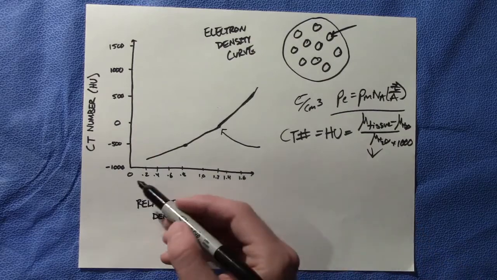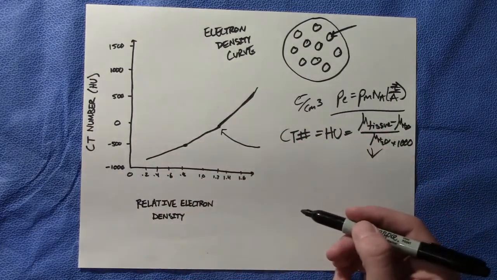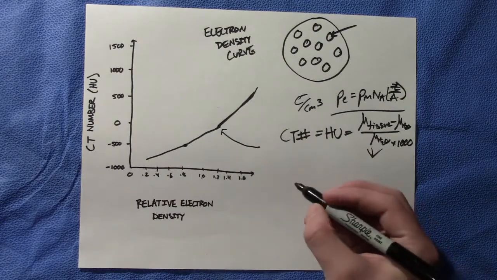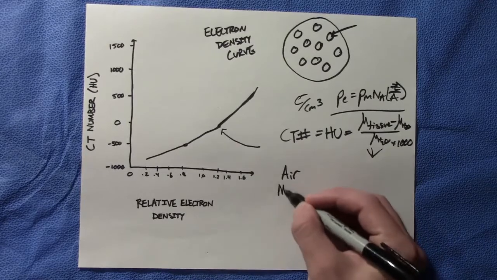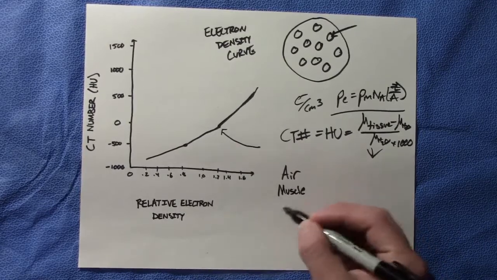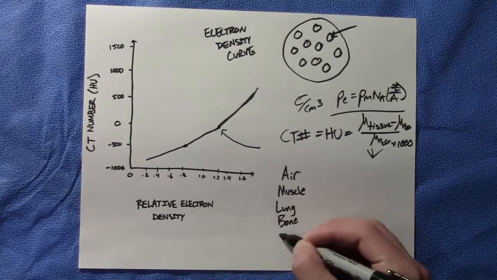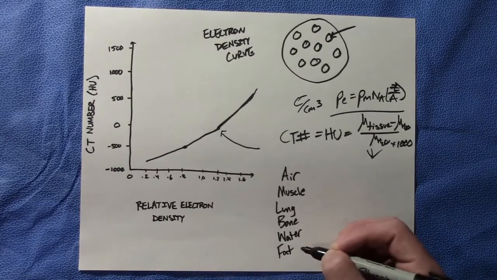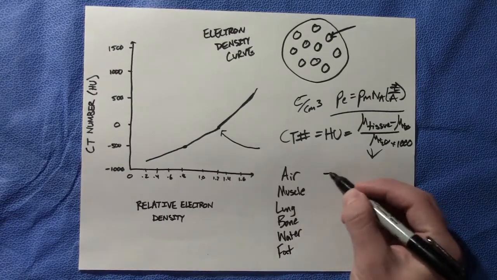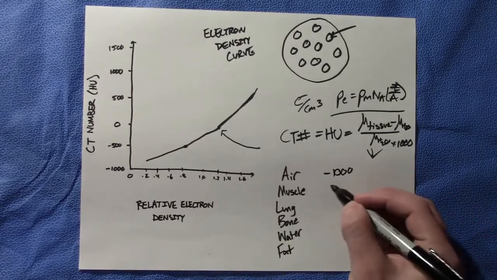Another thing that is definitely good to know, just in general, have some numbers thrown around kind of in your head, is what the values are for air. And I'm talking about the HU values here. Let's just cover some main ones. Air, muscle, lung, bone, water, I've already mentioned, is 0, and we'll do some fat too. So air is at the very bottom here, -1000, and then muscle is 30.